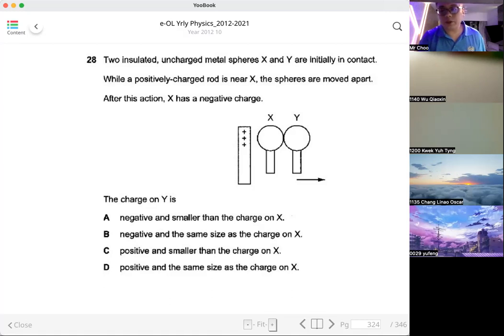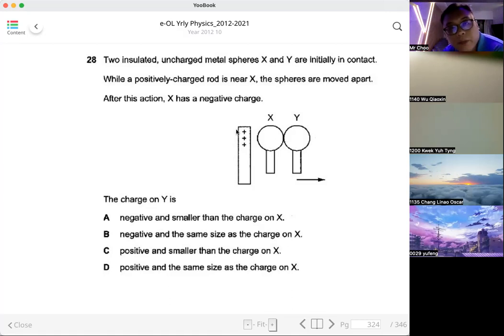Okay, so initially they are in contact. Oscar, Howry, are you all facing a problem? Can you please PM me the answer? Okay, so when they are in contact, it means that electrons are free to move, left and right.